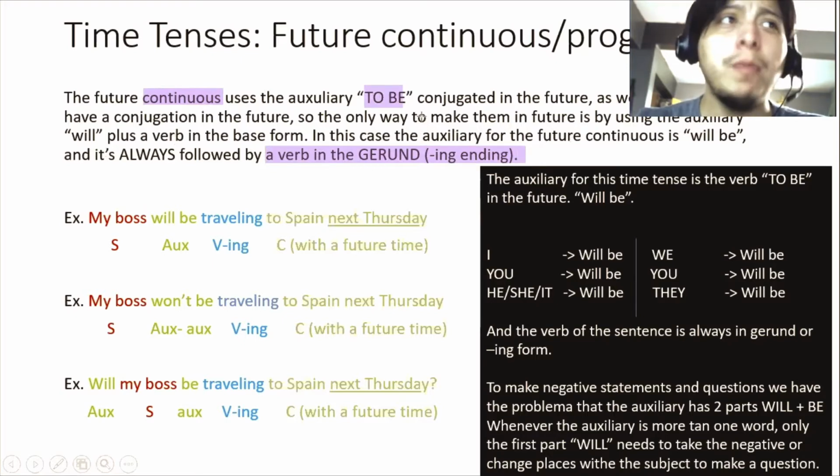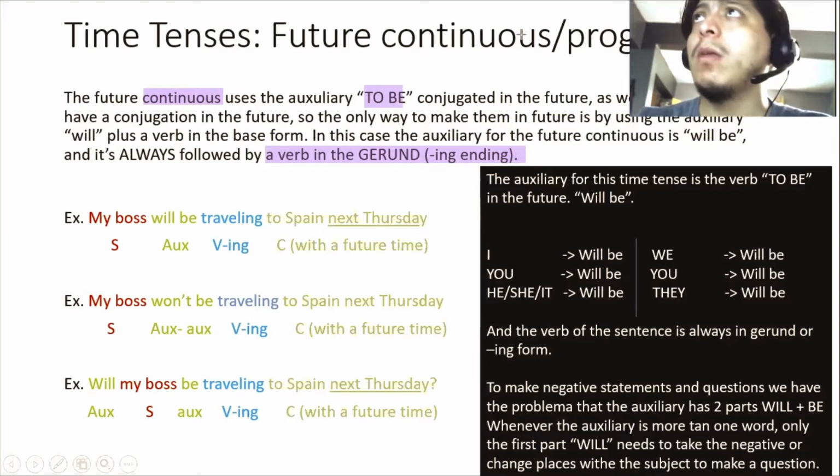I don't know if you remember, but in the present continuous, the auxiliary was the verb to be in the present.